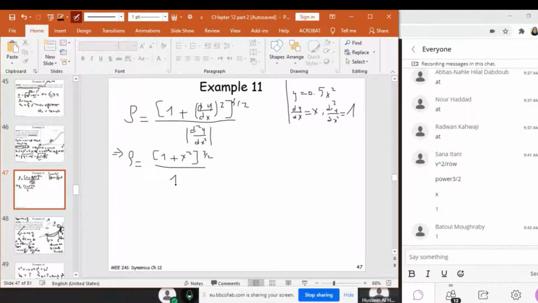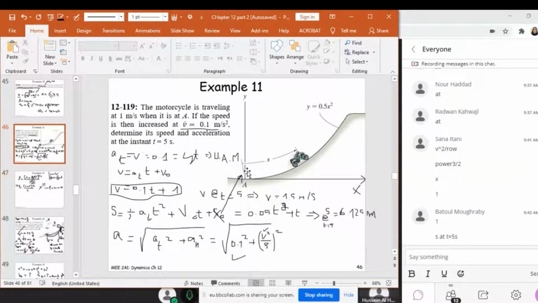Okay. Now, how to find rho? I don't know x. So what is x, in fact? Because if I don't know x, I cannot find rho. I cannot find a_n. I cannot find a. So how can I find x? Let's go back. What do I know? I know that s at t equal to 5 is equal to 6.125. How can I relate this s to x or to y?